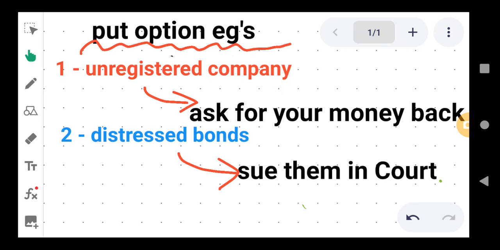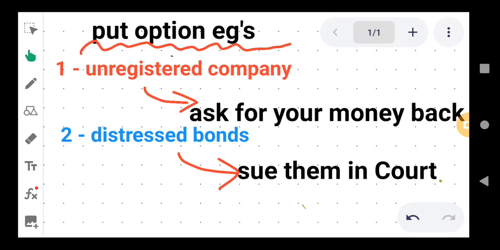Because you are the holder of a senior secured bond for Credit Suisse, if Credit Suisse goes into bankruptcy, then you can sue them in court and say, I hold a senior secured 10-year bond from you, and you have no choice but to pay me back the original principal, which is 100 cents in the dollar. So you will go to court, hire a lawyer, and they will hire a lawyer, and you will battle it out in court and see if you can get your 100 cents in the dollar back.